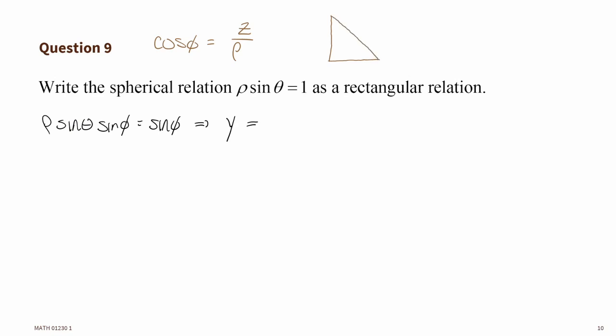Before I even move into the right triangle trigonometry, what was the domain for phi? What were the values for phi? 0 to pi. Over 0 to pi is sine strictly positive, strictly negative, or both positive and negative? Strictly positive. I can safely use right triangle trigonometry.